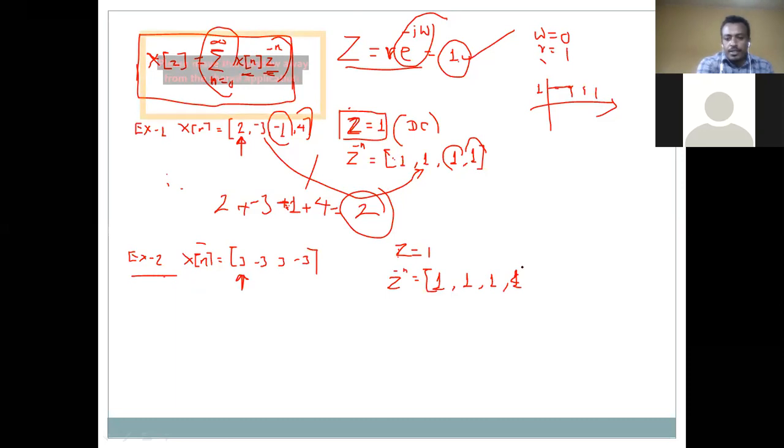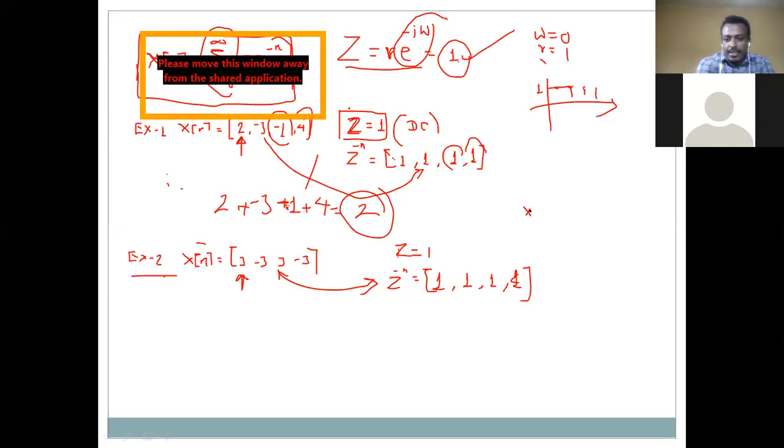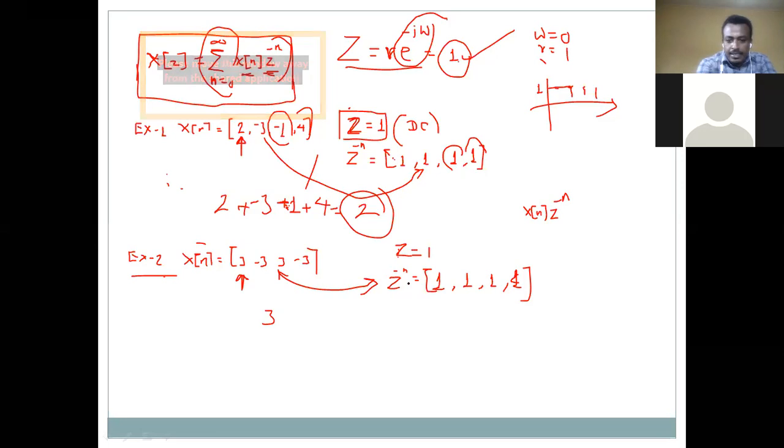Now, correlation between these two, x of n and Z to the power of minus n. In the formula, what is Z transform? Multiply x of n by Z to the power of minus n, multiplication. So multiply 3 times 1, 3. Minus 3 times 1, minus 3.